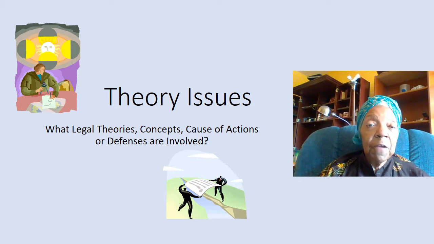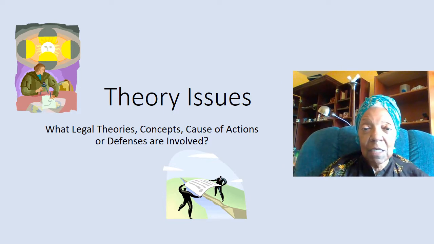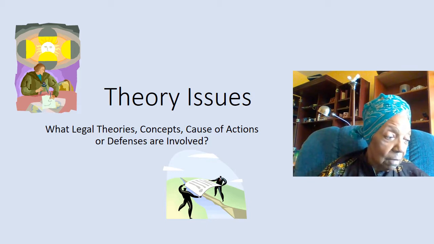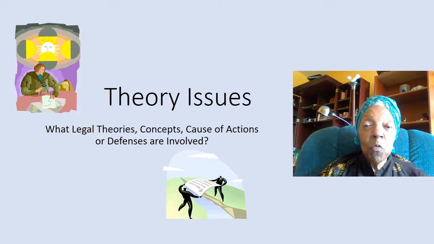A theory issue is when there's more than one theory that could apply to the situation, and you need to discuss which theory applies and why you pick that particular theory. If there's not more than one theory, then you don't have a theory issue. When you have more than one cause of action that can apply to a fact, and you have to decide which cause of action applies, that's a theory issue.